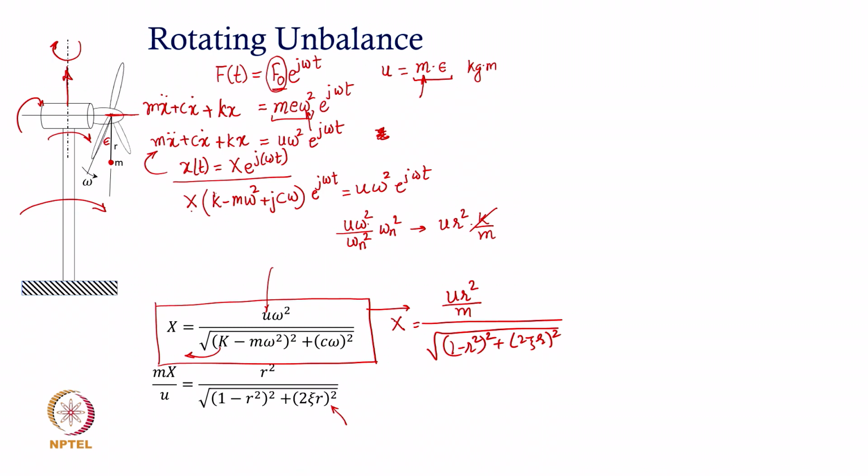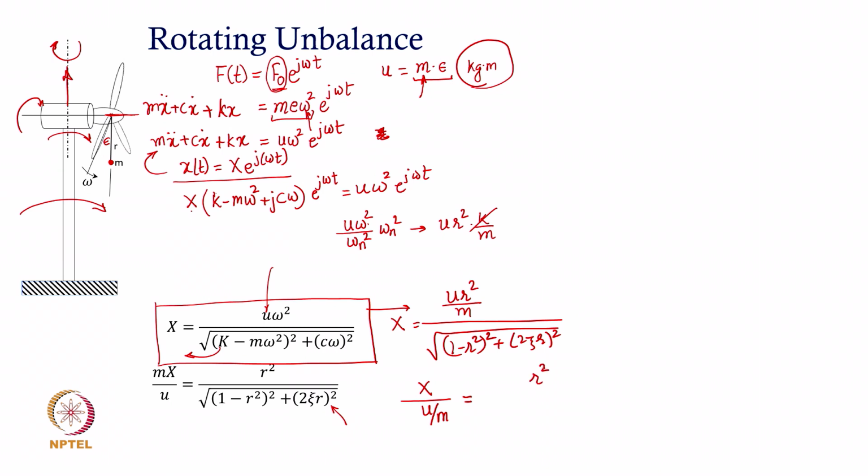And this capital X, I can now take as capital X over u upon m. Okay. Why am I doing that? Because the unit of u over m is distance, right. So, it is in distance units, because u is kg meters. Okay. So, it is a product of mass and eccentricity. So, that makes this response dimensionless or normalized with respect to the constant quantity which is u over m, assuming that the unbalance is constant, and of course, the mass is as well.